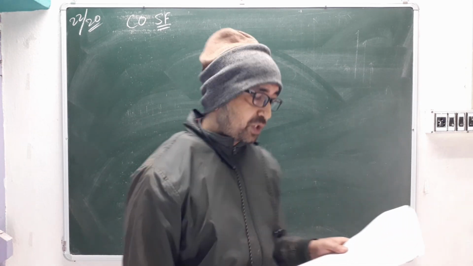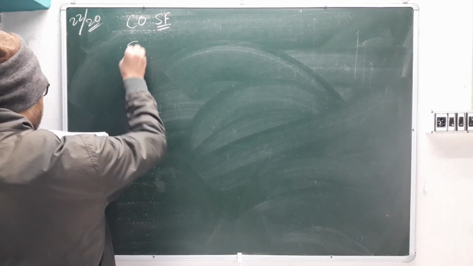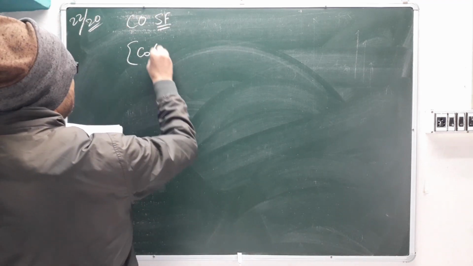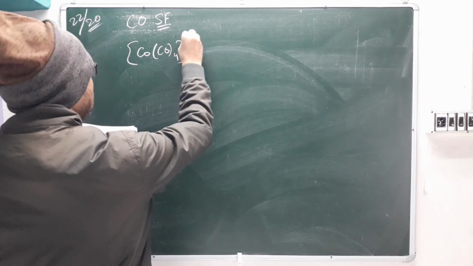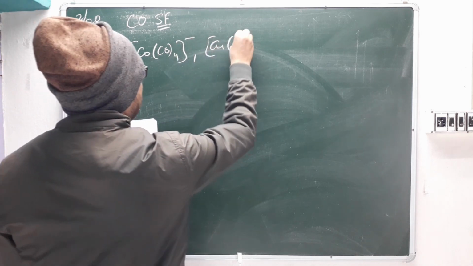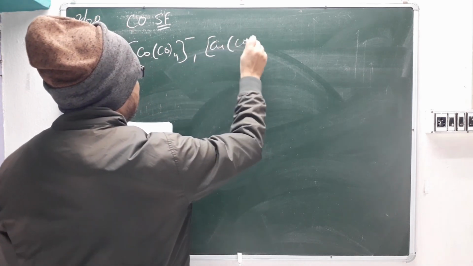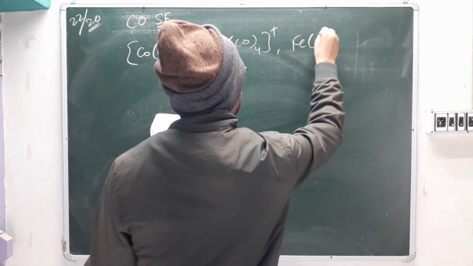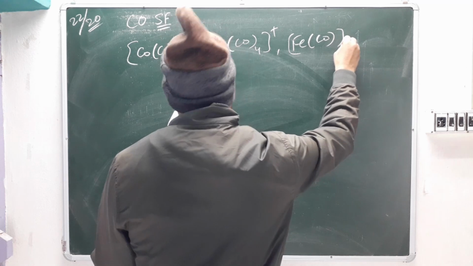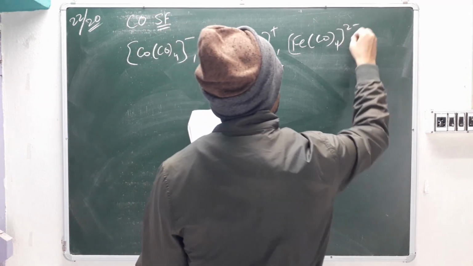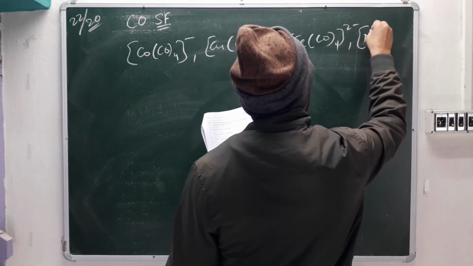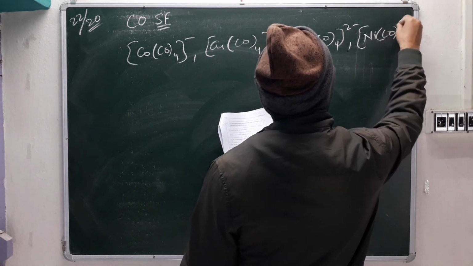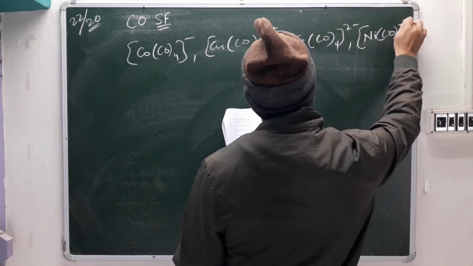In this type of question, I just write down all the complexes: Co(CO)4 minus, and then copper, Cu(CO)4 plus, and then iron, Fe(CO)4 2 minus, and then nickel, Ni(CO)4 with no charge.